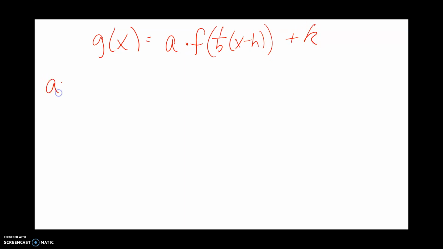So if a was negative, we had 6 things. Remember, there were 6 things. If a was negative, it was a reflection. Two was whatever a told us, whether it was a vertical stretch or shrink.